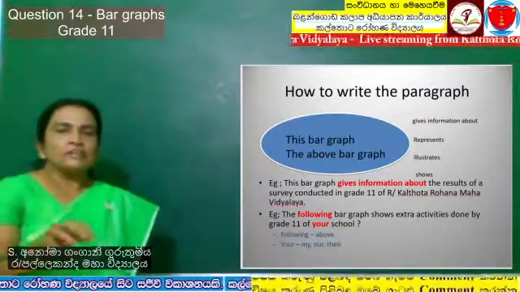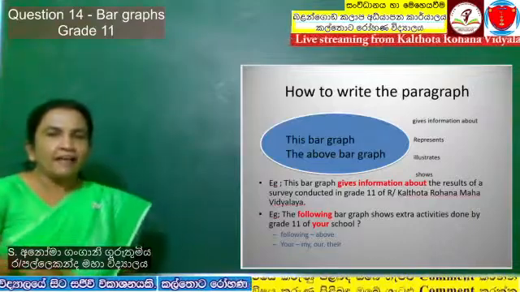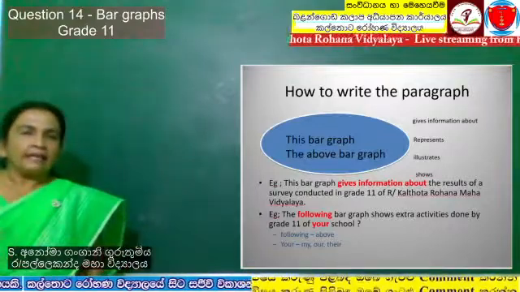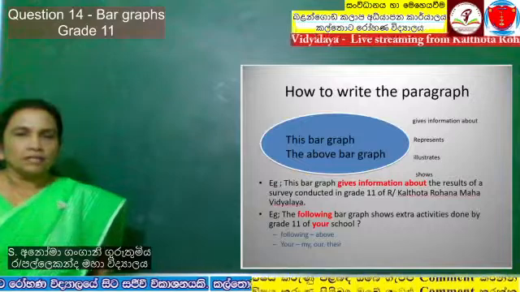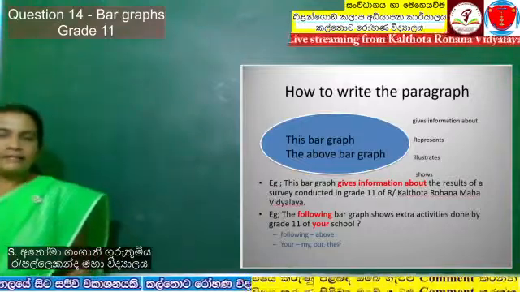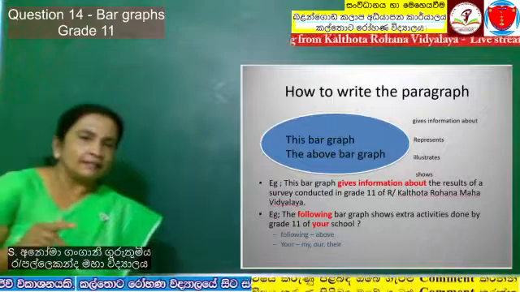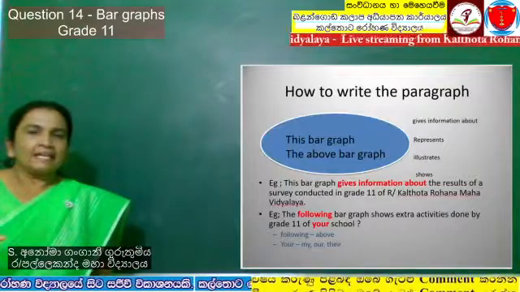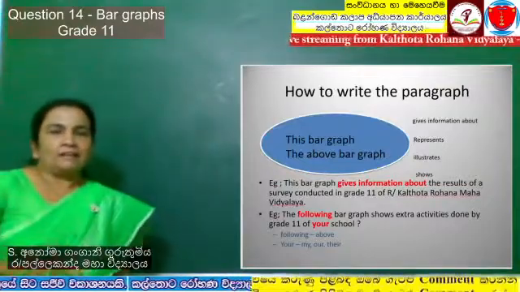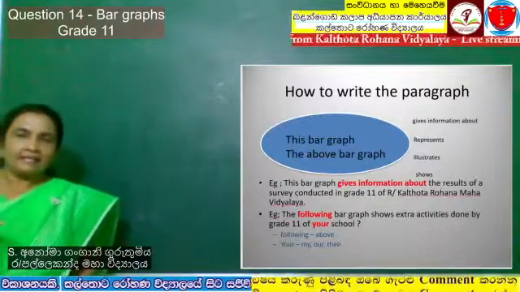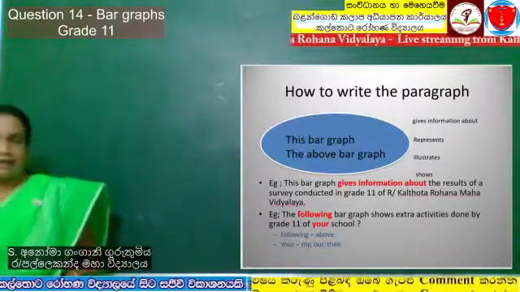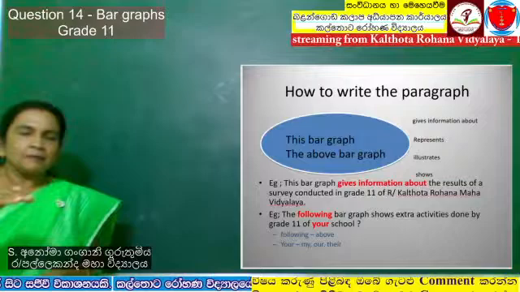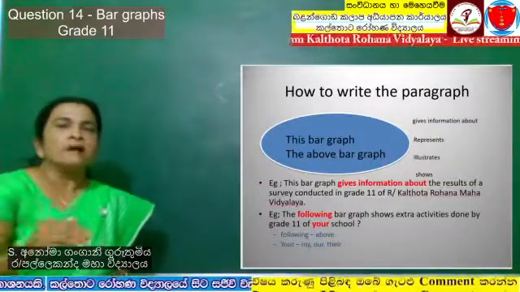Now see the second sentence. I took that from the question. The question is: The following bar graph shows extra activities done by grade 11s of your school. There are two words here that I am going to replace: following and your. The question describes the following bar graph, but we are going to describe the above bar graph, so we replace the word following with above.